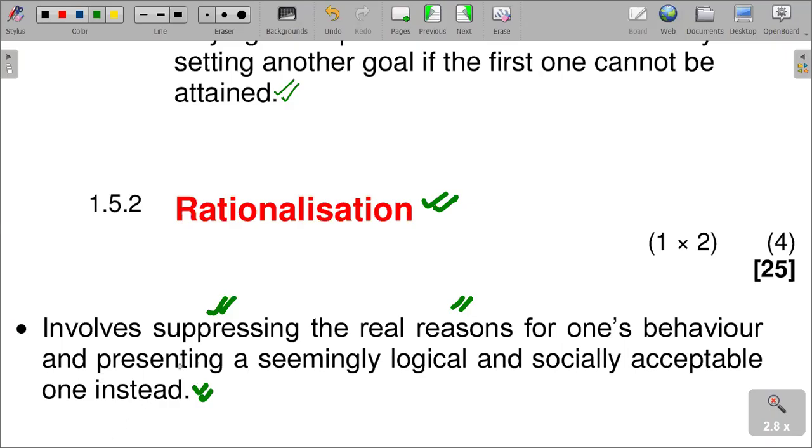That is rationalization, trying to think around, trying to make reasoning into a situation. So suppressing the real reasons for one's behavior and then presenting a seemingly logical and socially acceptable one. That is rationalization.